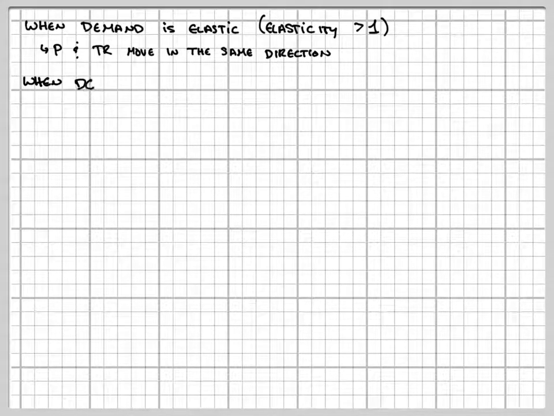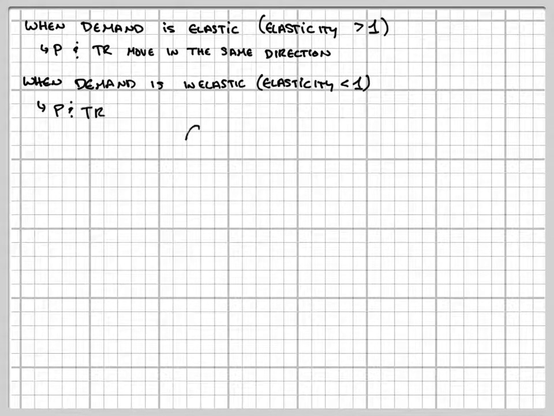When demand is inelastic, so that's where the elasticity is less than 1, P and TR, price and total revenue, move in opposite directions.